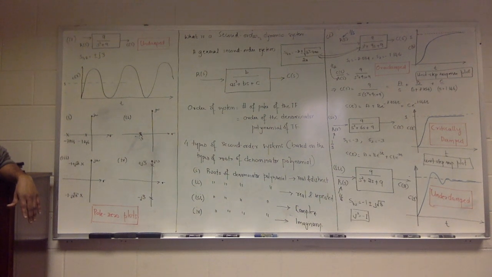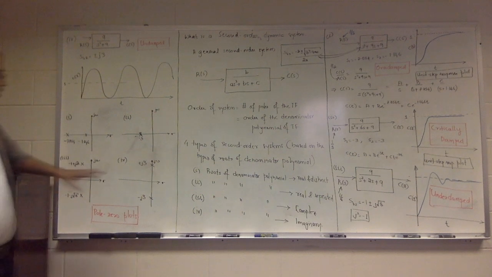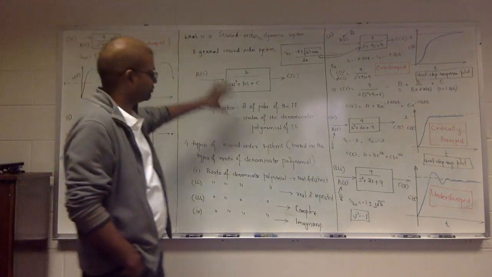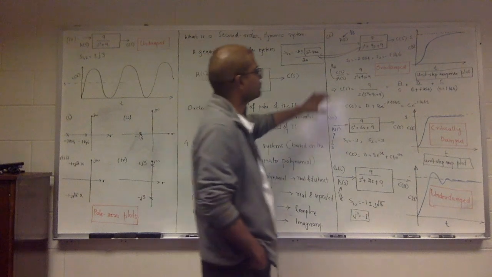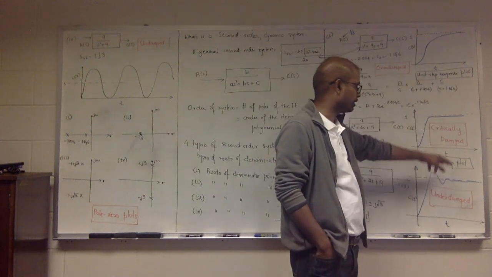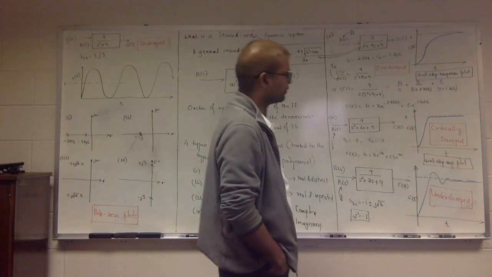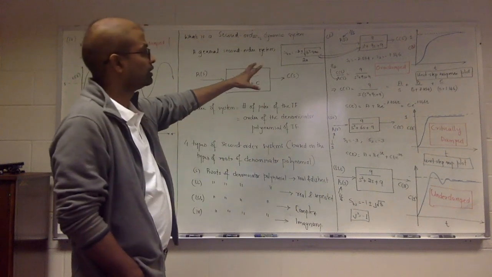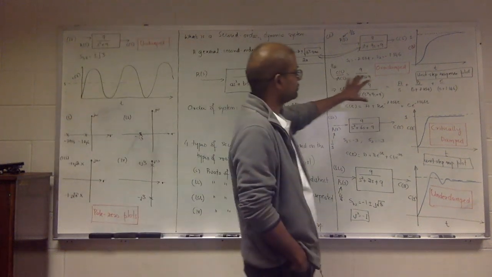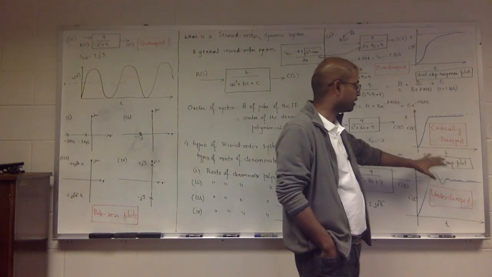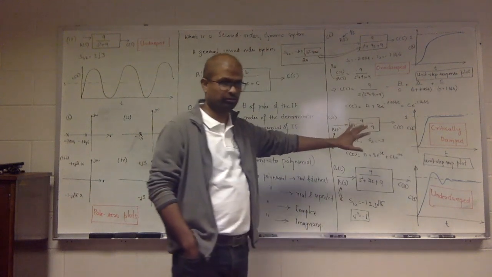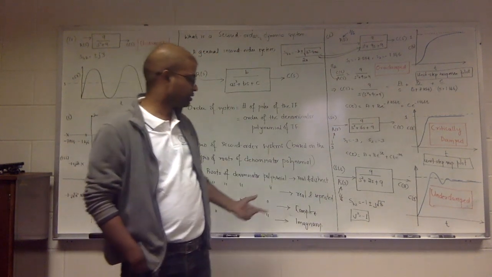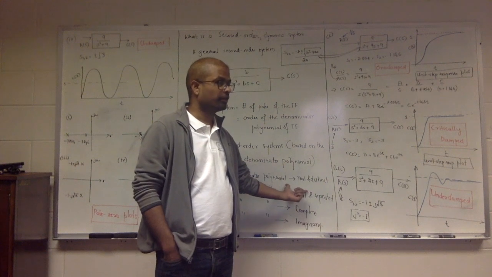Alright, any questions on these? Next class we'll look at performance parameters, but please understand these systems: what they are called, over-damped, critically damped, under-damped, okay? The classification is independent of the input, because the roots are independent of the input.